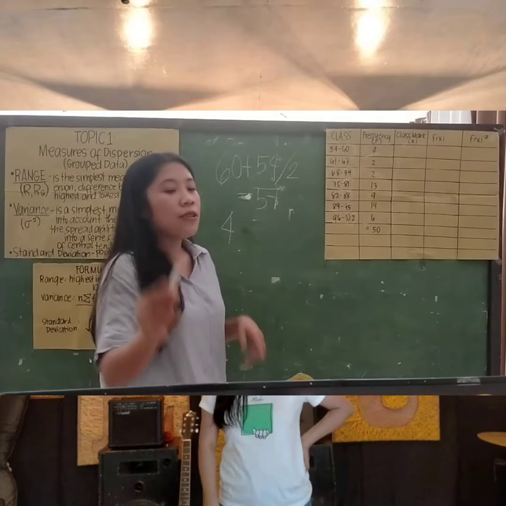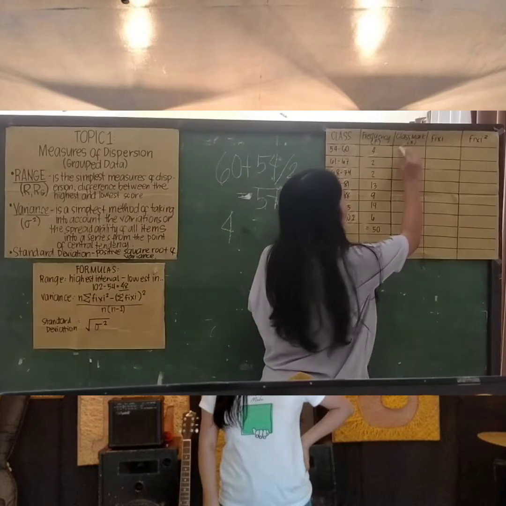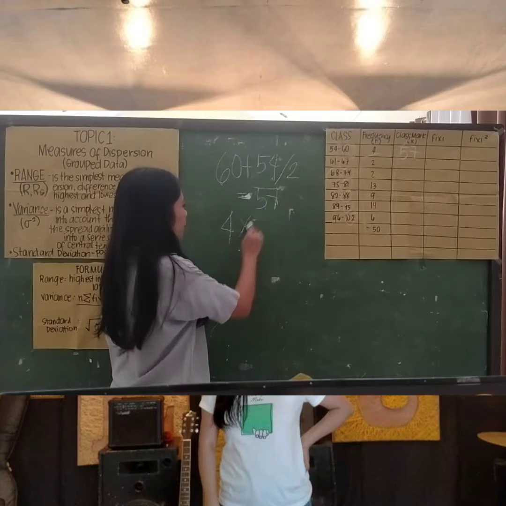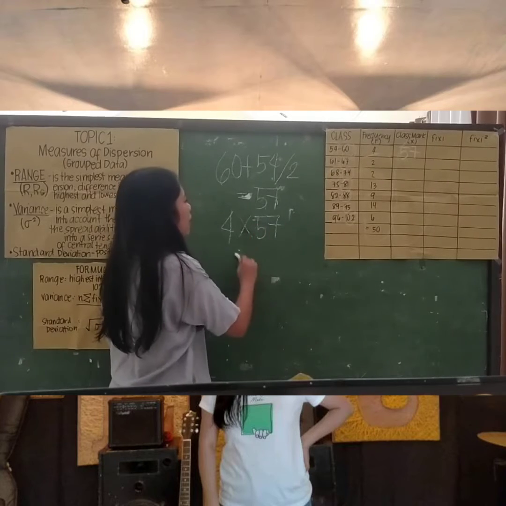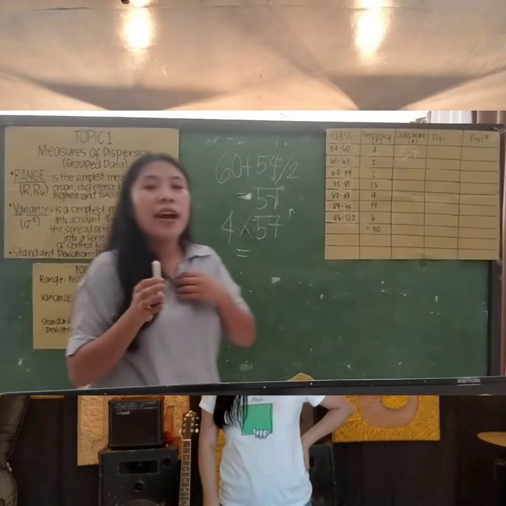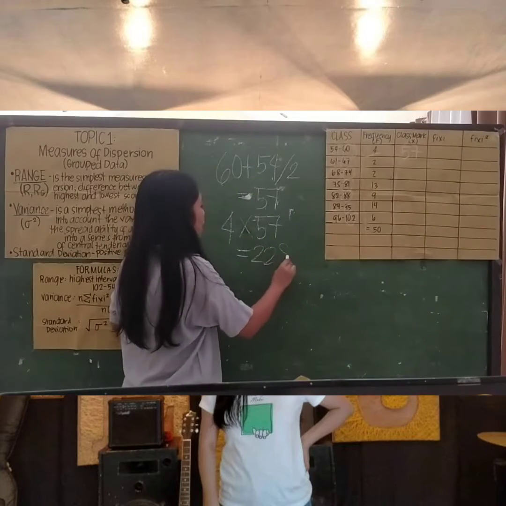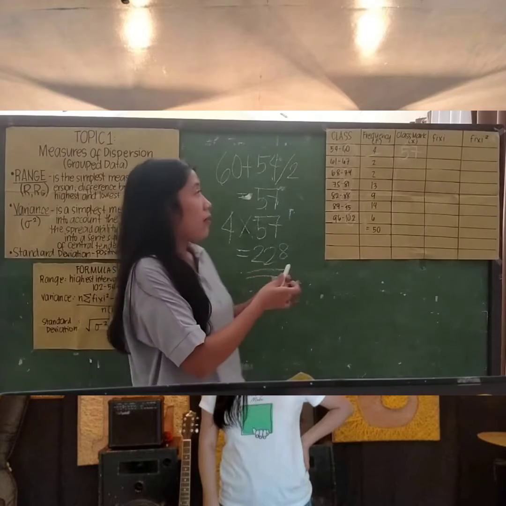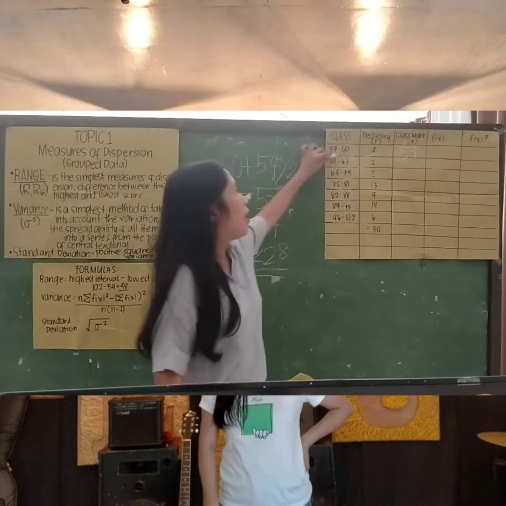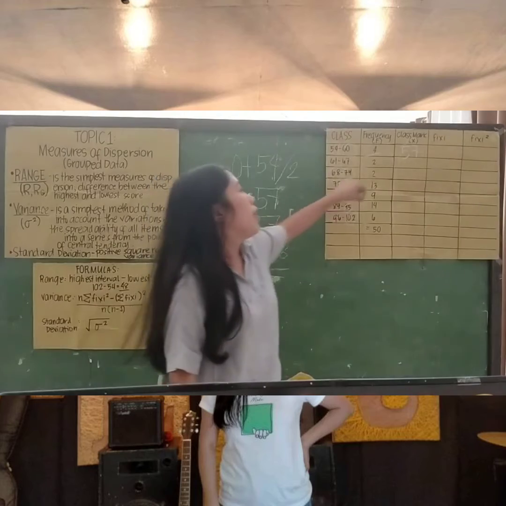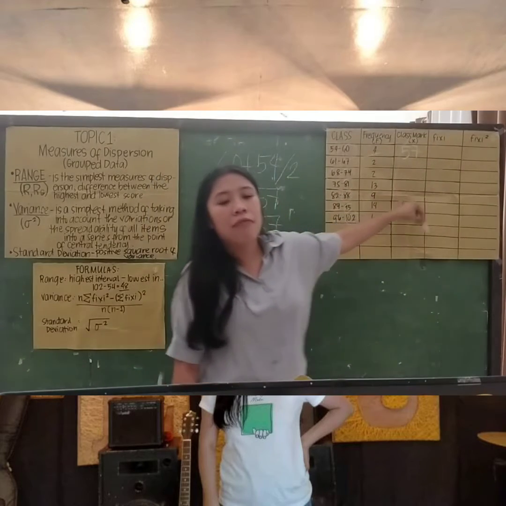Multiply natin siya dun sa sagot natin kanina. Ito ay 57 kanina. So, 4 multiply by 57. So, ang kakalabasan nun ay 228. And ganun din yung gagawin natin sa iba pang mga natirang class intervals. Ganun yung gagawin natin to solve fixi.